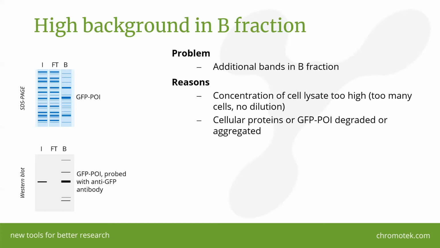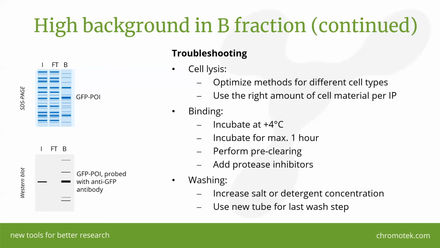One might be that the concentration of the cell lysate is too high, either because too many cells are used or not enough buffer is used. Or cellular proteins, or also the protein of interest, are degraded or aggregated, and the aggregates then bind unspecifically to the GFP trap. What can we do to avoid such a situation?